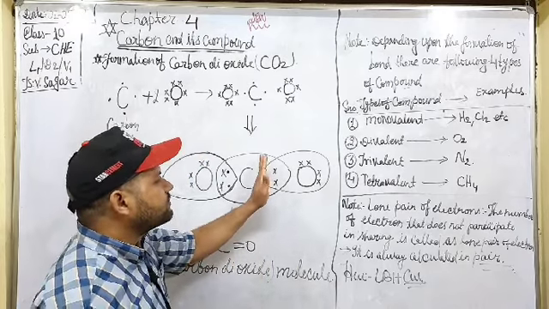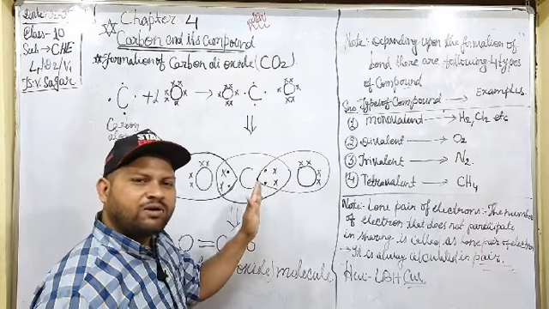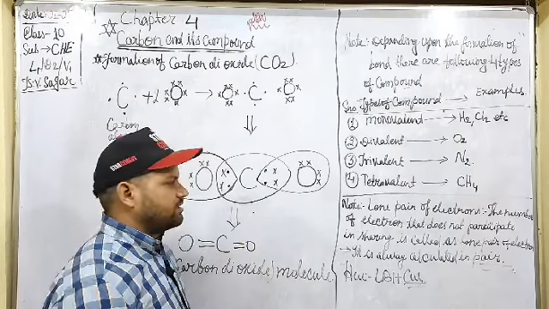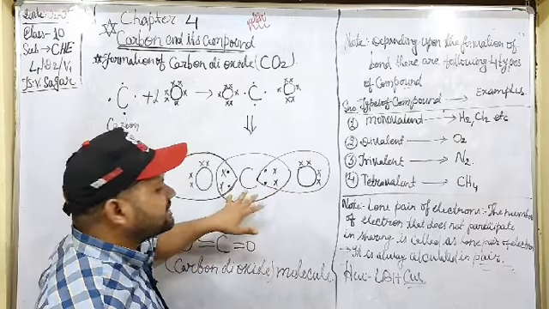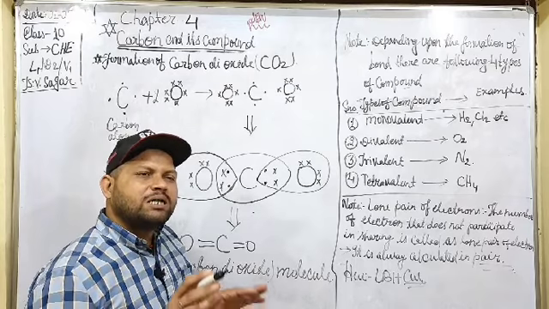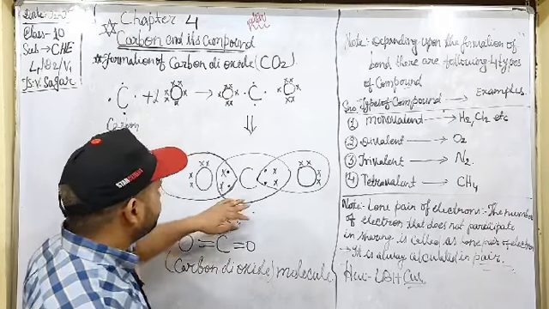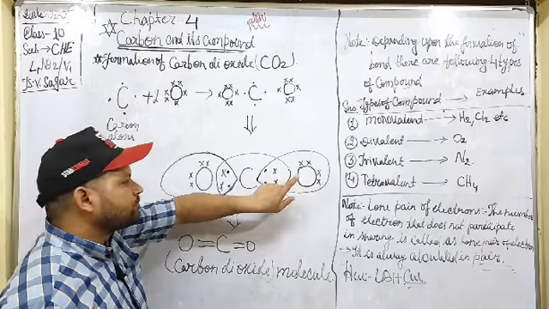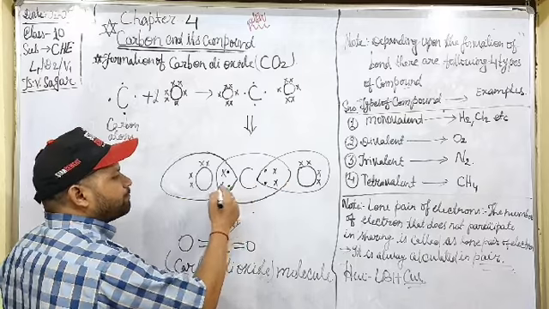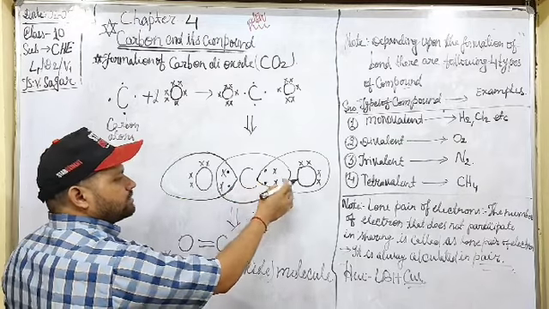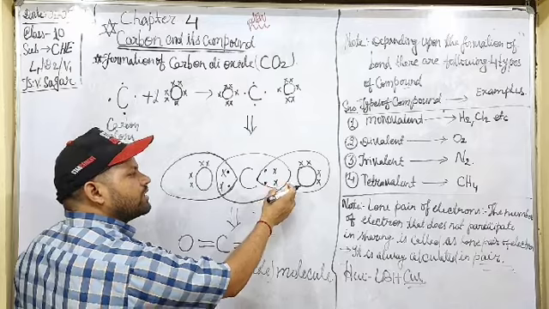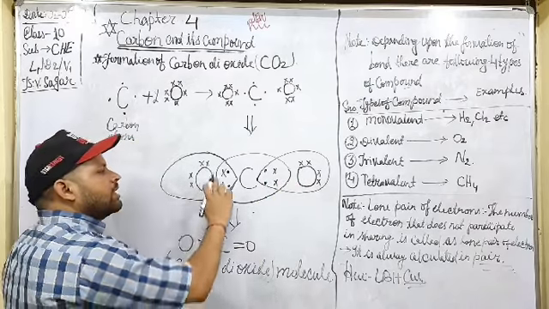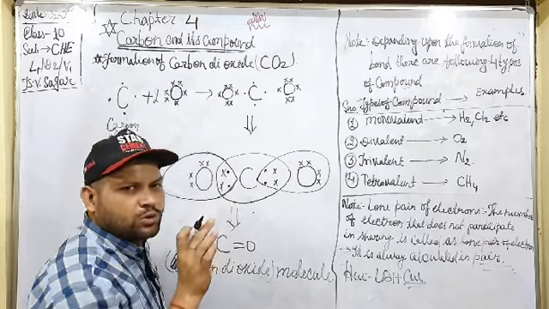So with the help of these 2 electrons of carbon, oxygen is able to complete its octet, and with the help of 2 electrons of this oxygen and 2 electrons of that oxygen, carbon also completes its octet.